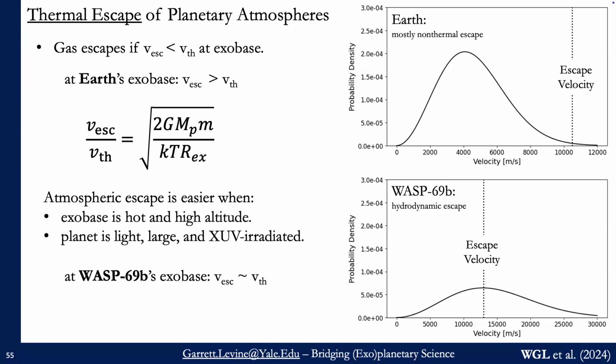This hot Jupiter, WASP-69b, is going to be the target for our case study today. It's a prime target for atmospheric escape. At its exobase, the escape velocity is approximately equal to the thermal velocity, which places WASP-69b in the hydrodynamic escape regime, where the pressure gradient and the gas itself can outflow in bulk.